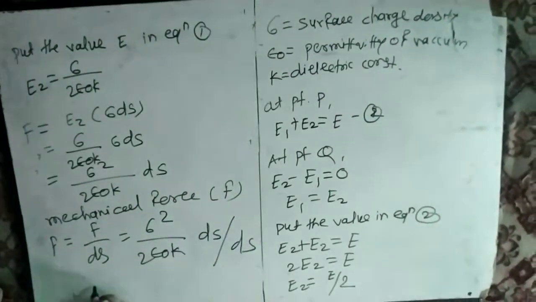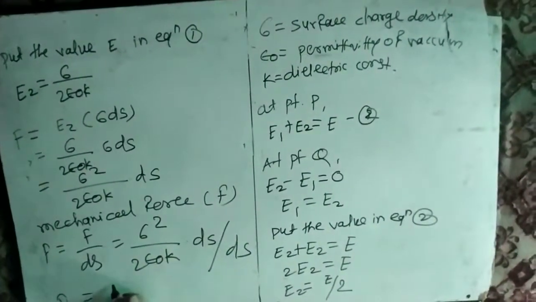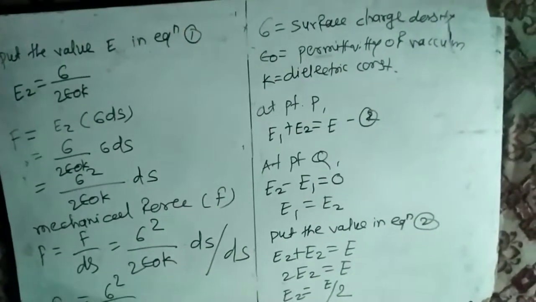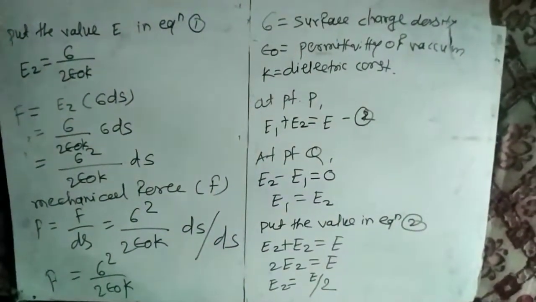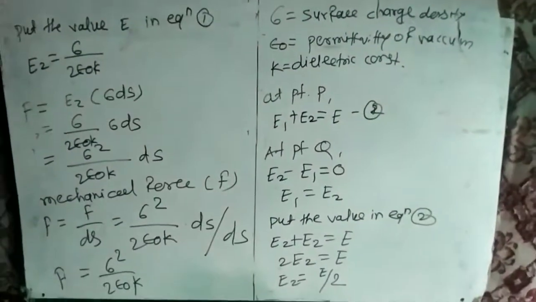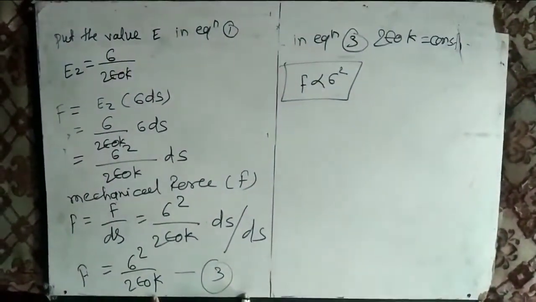So dS gets cancelled. Now the remaining, small f is equal to sigma square upon 2 epsilon 0 k. From equation third, f is equal to sigma square upon 2 epsilon 0 k.